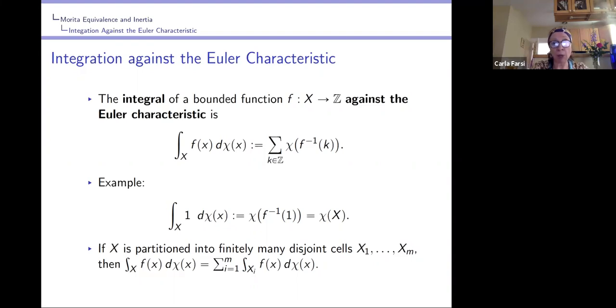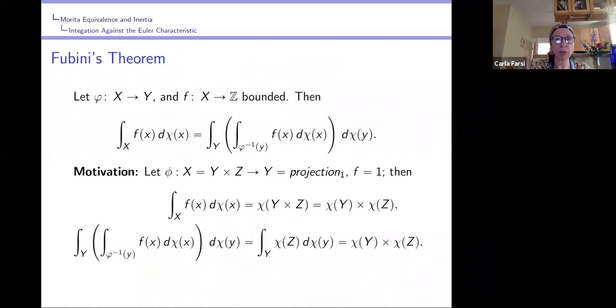Well, the pre-image of 1 is the space X you are in. So that's chi of X, that's what you want. If you're integrating 1 over a set, you get the Euler characteristic, that's it. And there are some properties of this integration, like if you chop the domain into disjoint sets, then you get the sum of the pieces, as you expect.